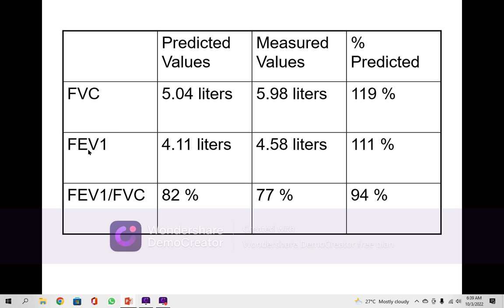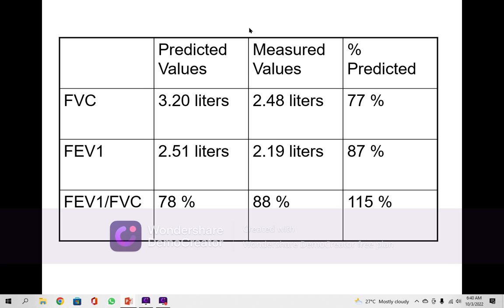The forced expiratory volume in 1 second was predicted 4.11 liters, but measured 4.58 liters, 111%. The prediction is very good. The FEV1 to FVC ratio is 82%, measured value 77%, very near to the 94% prediction in this community. This means this is a healthy, normal young person.